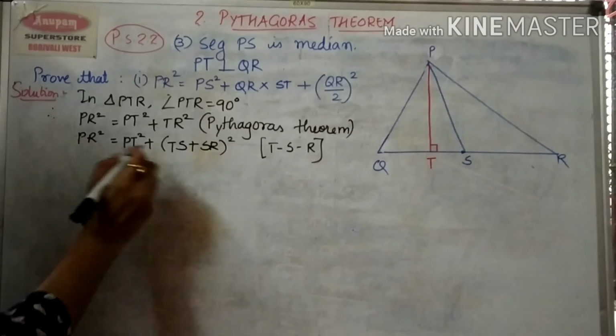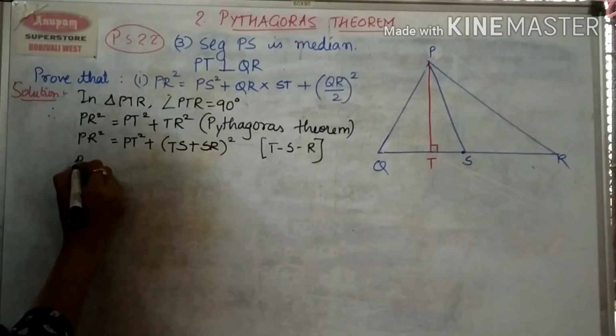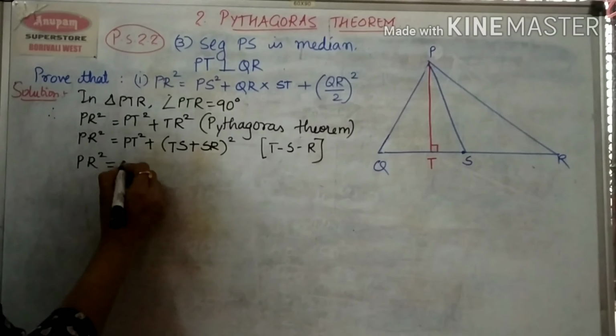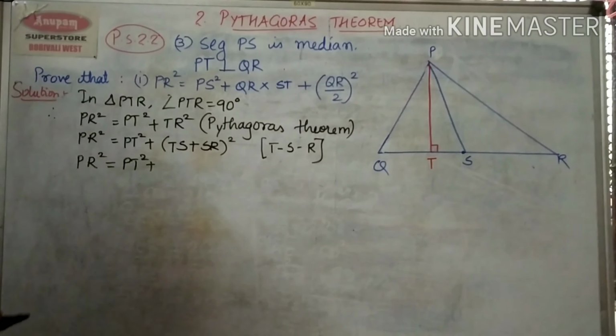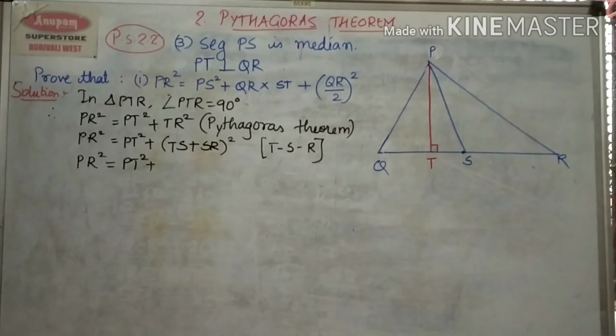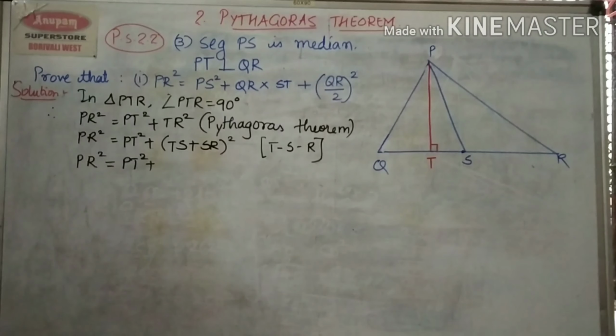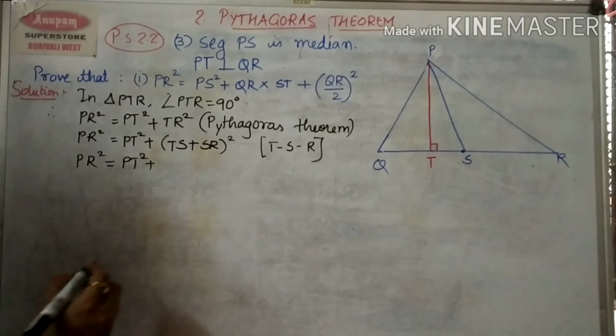Now, after getting this, let us expand. PR square is equal to PT square plus, what about this? In the lower classes, we have studied in identities, A plus B the whole square is A square plus 2AB plus B square. Right? We have studied this in lower classes.